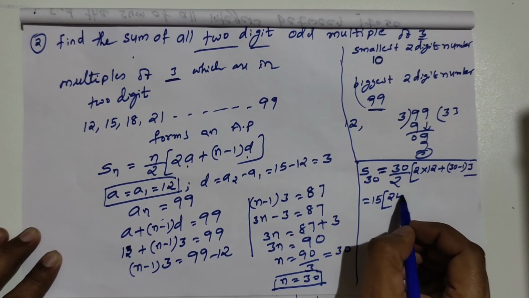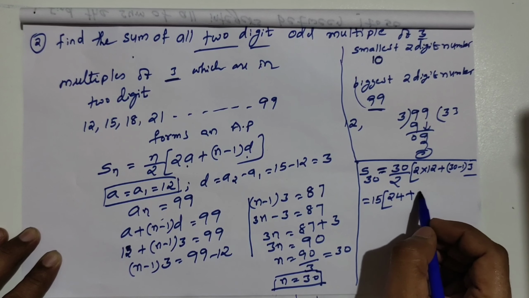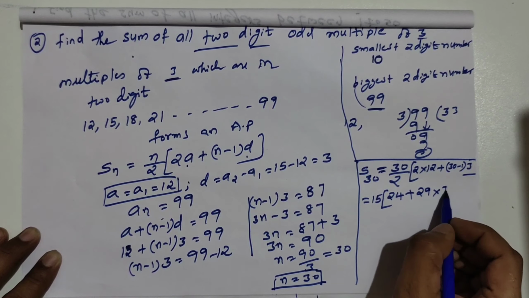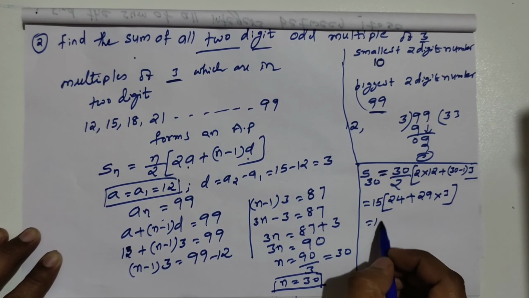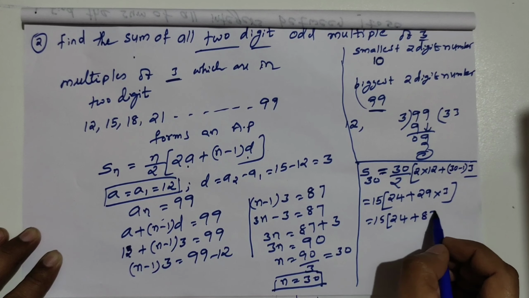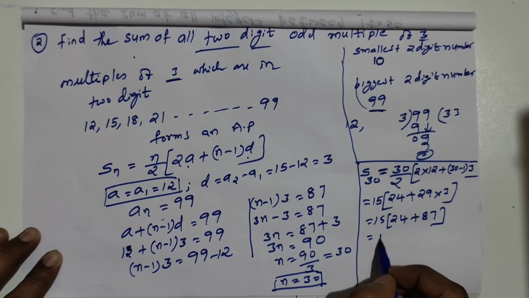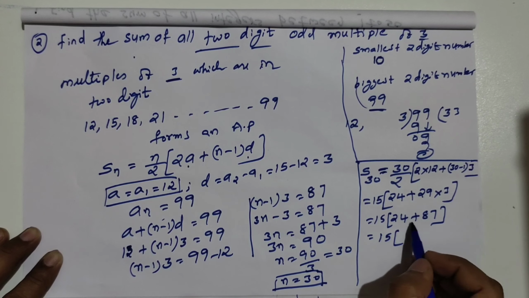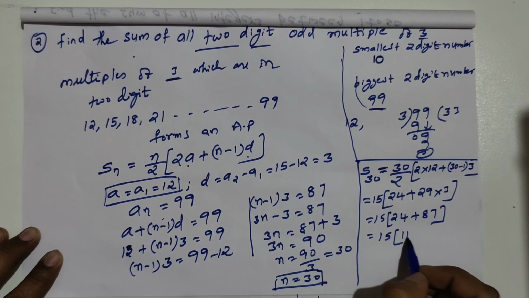Here 24 plus 29 into 3. So multiply these two, 15, 24 plus 87, simply we get 111.